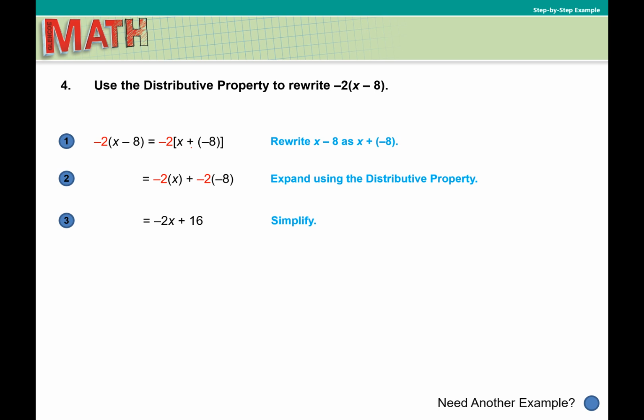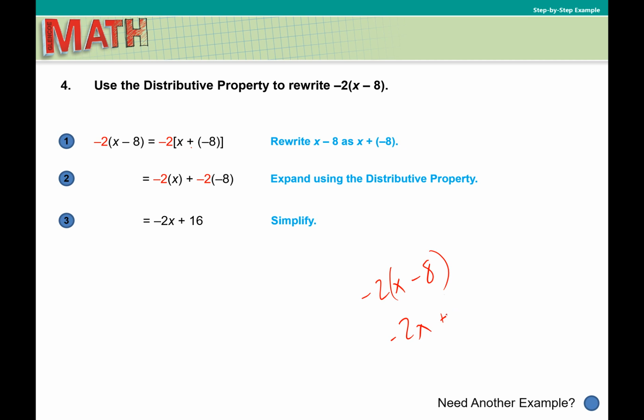Okay, so in this case, negative 2 times x minus 8 is what we're trying to solve. If I would have just worked this through, negative 2x and then negative 2, do I have a plus here? Do I have a minus there in between those two? Not really sure, right?